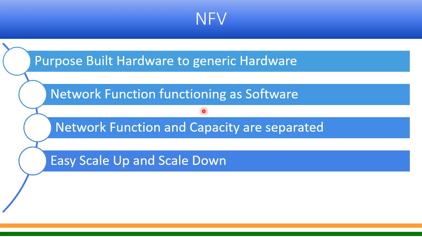Similarly, if there is less traffic, then you can also scale down, and in some cases you can even shut down some of the servers or whatever network element you have if that is not required.